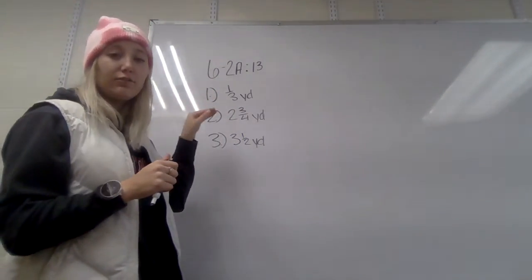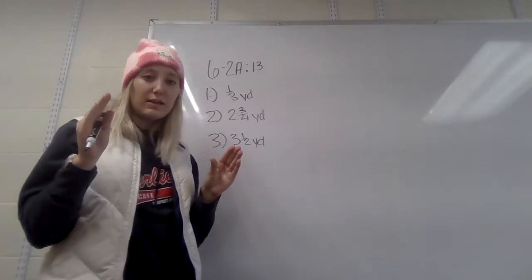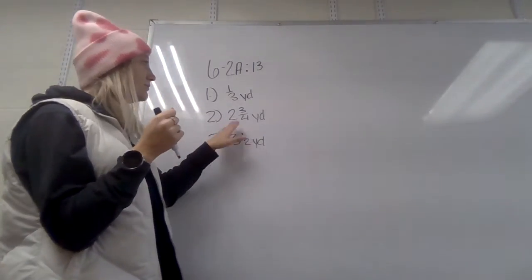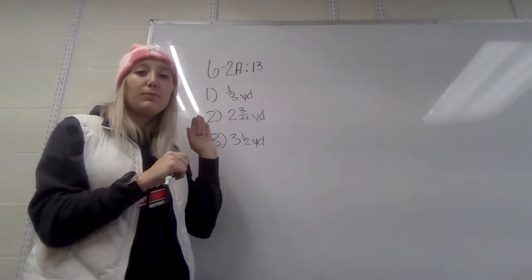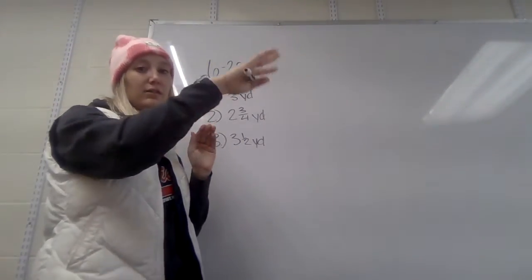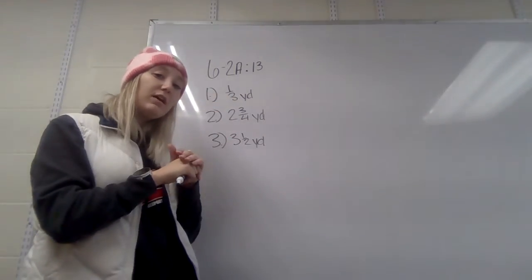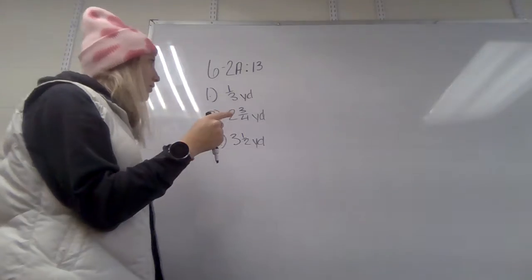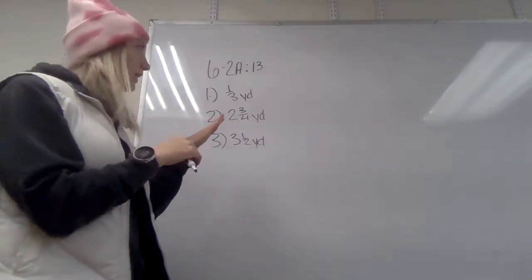These all have different denominators, so I want to try and get them to all the same so I can add them easier. And I also see that there's mixed numbers and regular fractions. I like to have improper fractions so I can just add them all together and then simplify it instead of adding 2 different steps. So I'm going to quickly make these into improper fractions.